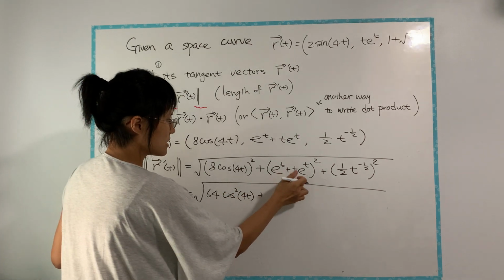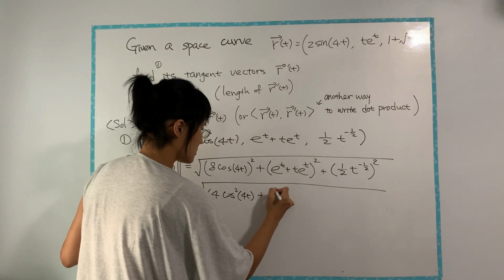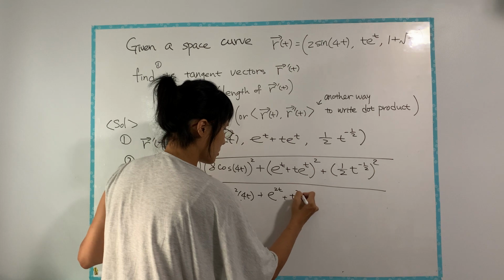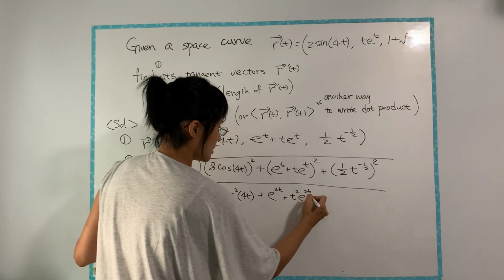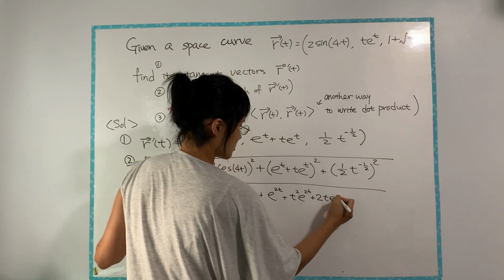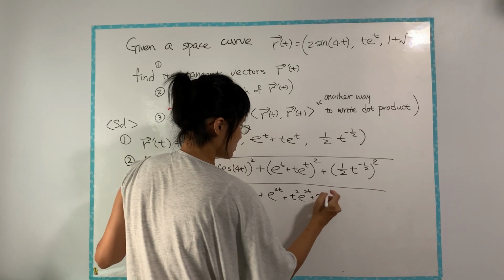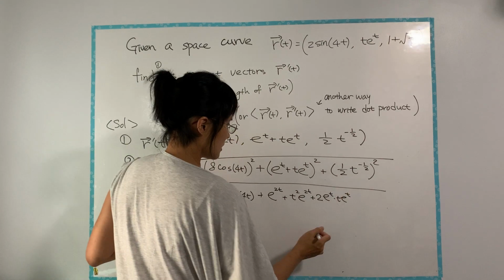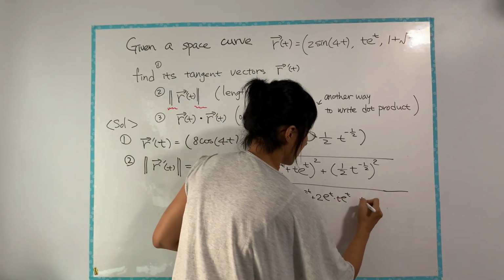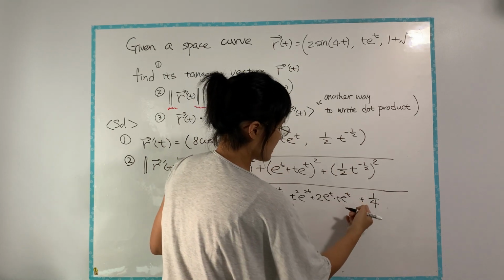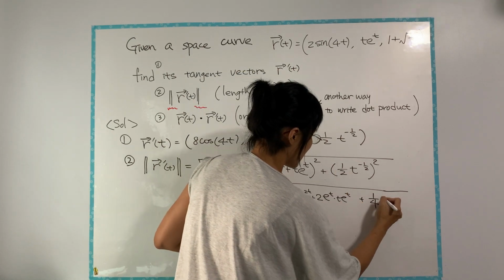Then a plus b squared equals a squared plus b squared plus 2ab, then plus a half squared, that's 1/4.